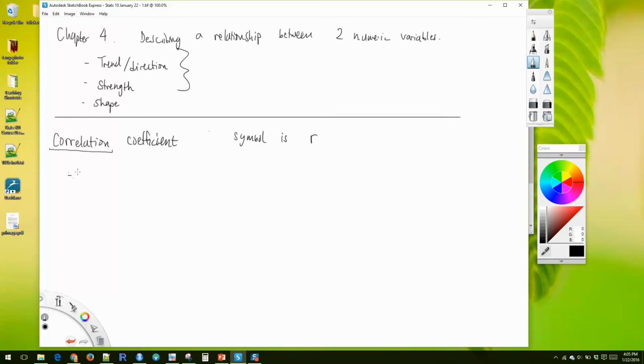R can take on any value between -1 and 1 inclusive. When R is close to 0, the strength is weak. When R is far from 0, the relationship is strong.